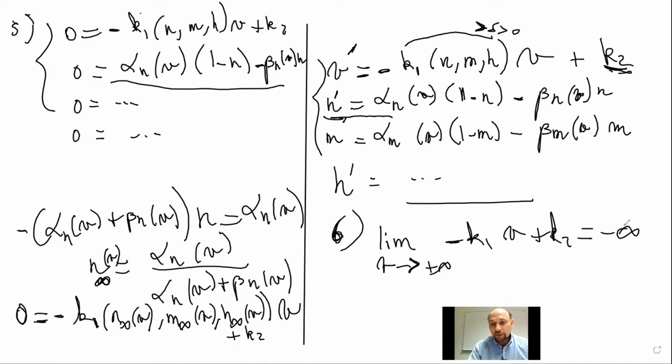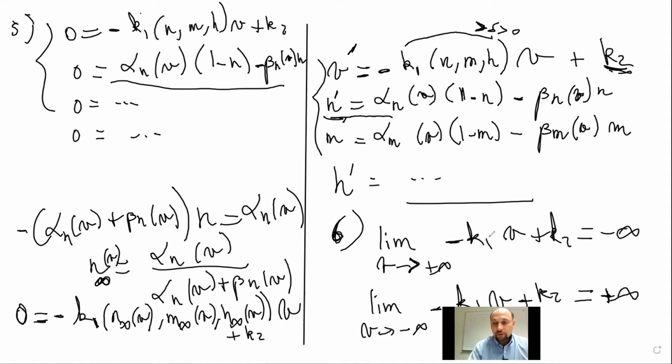You can also prove that as V goes to minus infinity, the expression is positive, and since V is a continuous function, you deduce that for some V, this expression is 0.